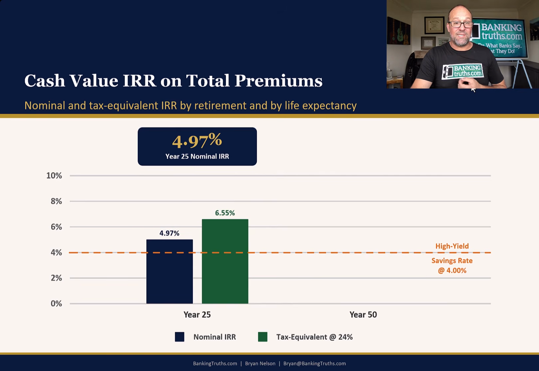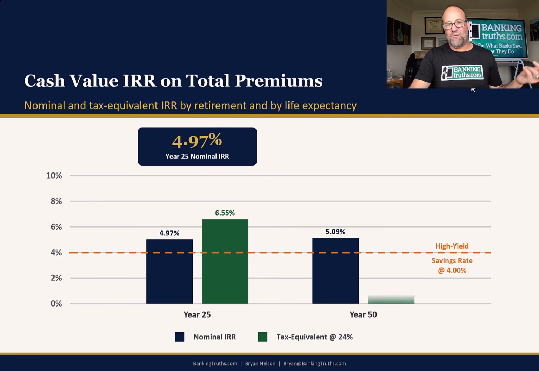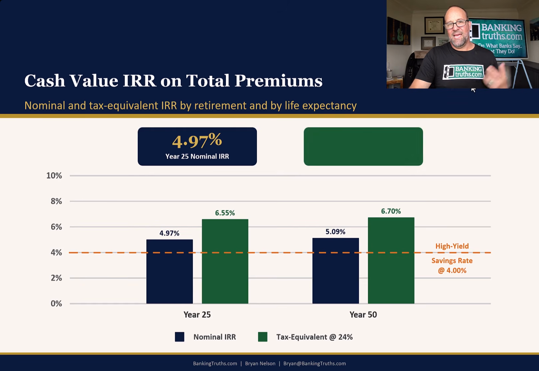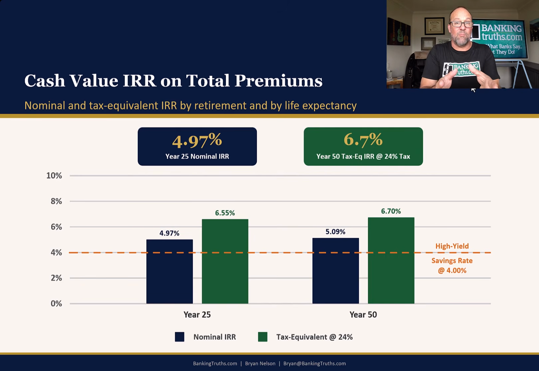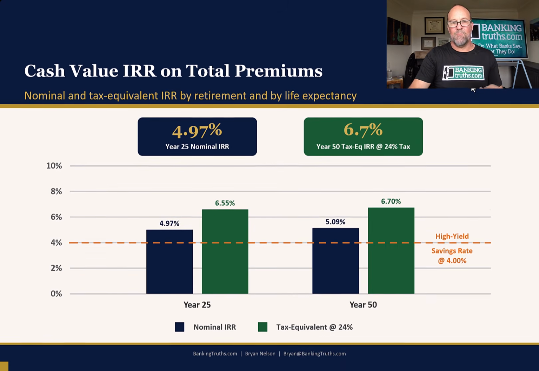At 24%, it turns a 4.97% return into a 6.55%. And that amount of compounding that you're going to see in the next slide is a lot. By year 50, it's even better. And again, if taxes go up for you, even if you're at the 24% now, if you become more successful or they raise taxes to pay for all this national debt or bombs or war or whatever, then this is going to feel even better.